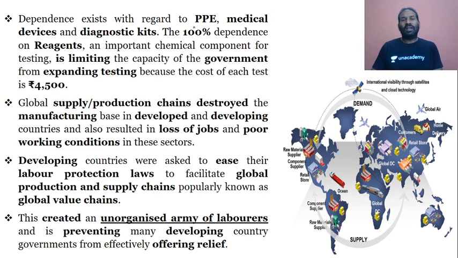And the way we are dependent on PPE, that is personal protective equipment, or medical devices, that is N95 masks, ventilators, diagnostic kits. If you look at it, there is 100% dependence on chemical components. That is what I was talking about, hydroxychloroquine.